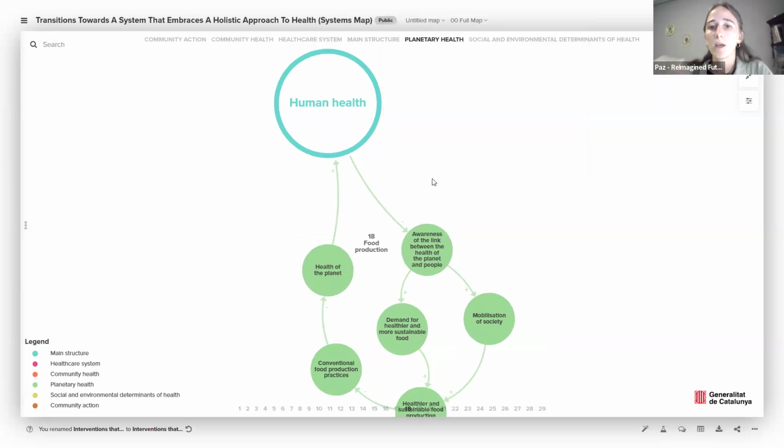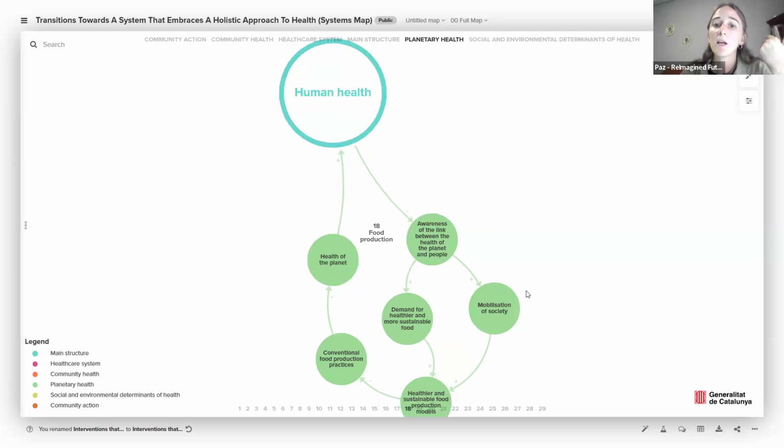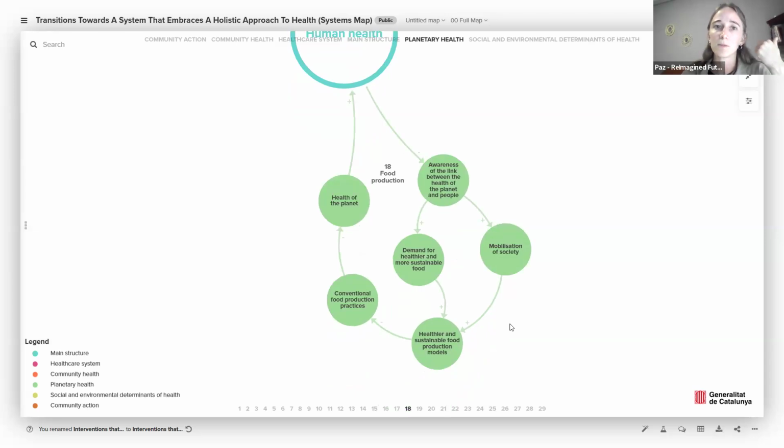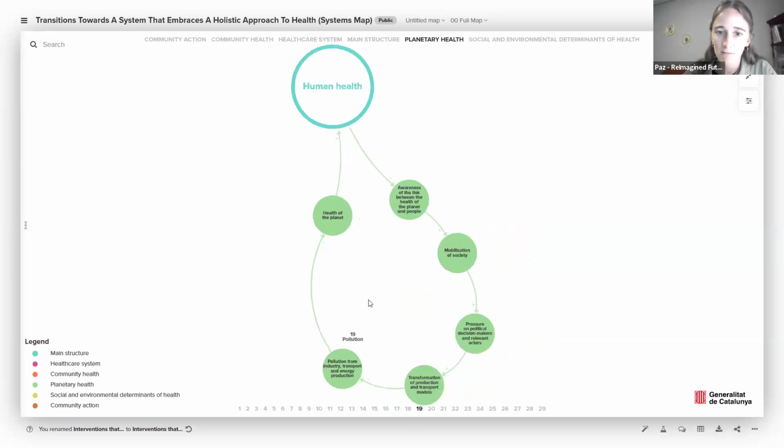But fortunately, awareness has been growing within society that there's a very entrenched link between the health of the planet and people, and this creates mobilization of society, pressuring politicians to transform the systems into healthier and more sustainable food production models. And this is starting to happen. Of course, this has not changed completely yet, but feedback loop number 19 states a similar one about the pollution from industry, transport, and energy production.